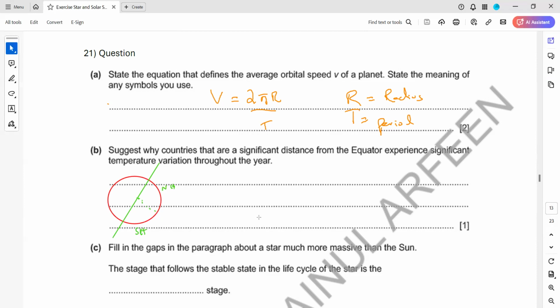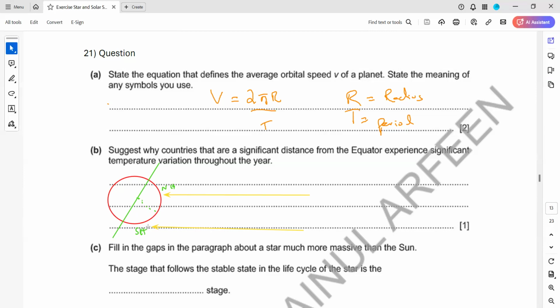So what will happen? The amount of radiation received by countries in the Northern Hemisphere will be different from the Southern Hemisphere. You can also say the duration of the day will be different. Countries in the Northern Hemisphere, facing the greater amount of energy from the sun, will have a longer duration of daylight than the Southern Hemisphere in this position.